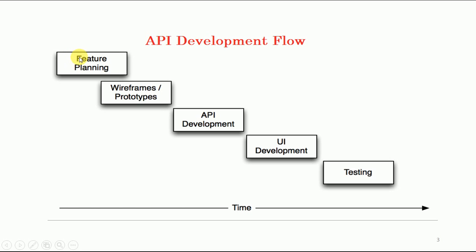Requirements are also verified and validated with the QA team, and the prototypes are also verified by the QA team. Once the API is developed, it is also tested by the QA team, and once the UI is developed, the UI part is also tested.